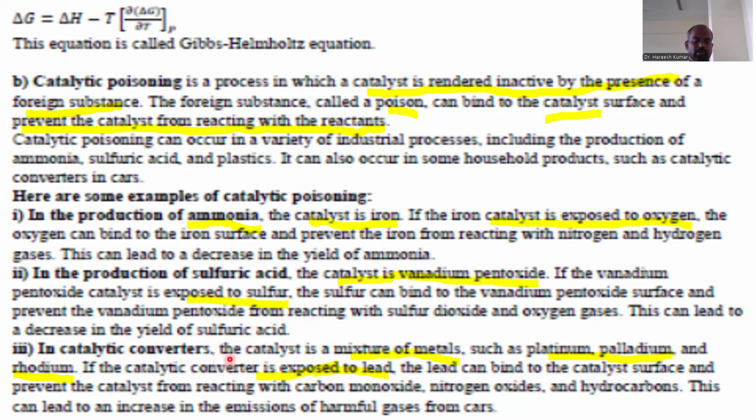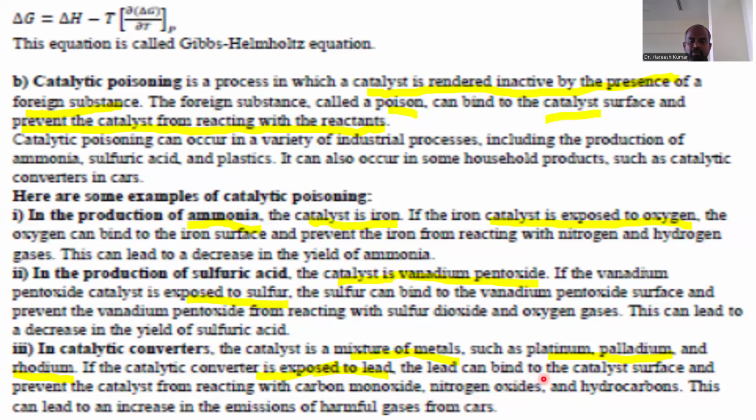In catalytic converters, the catalyst is a mixture of metals such as platinum, palladium, and rhodium. Usually you can observe lead-free petroleum products. If lead is contained in petroleum products, it can deactivate the catalytic converters, and the lead can bind to the catalyst surface and prevent the catalyst from reacting with carbon monoxide and nitrogen oxides.